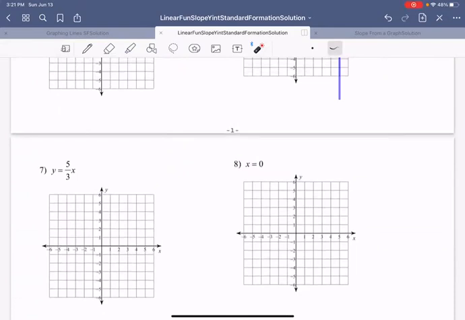Now, Lansley, tell me, how do I draw this one? The y-intercept is (0, 0). Very good.